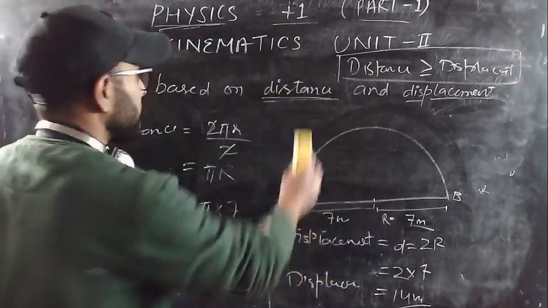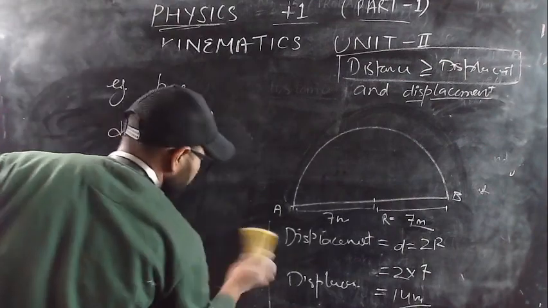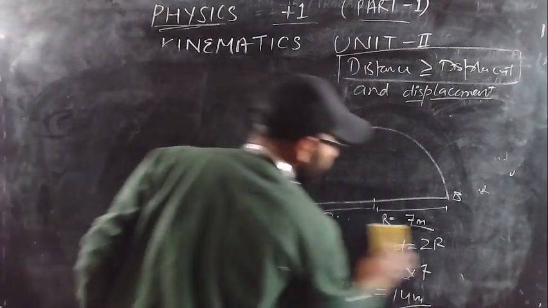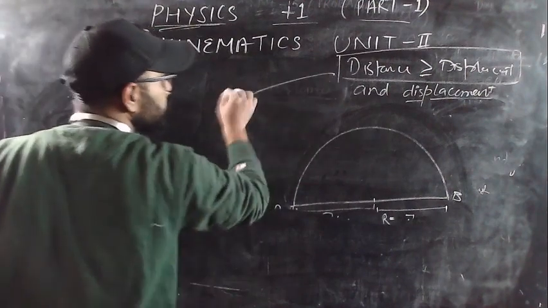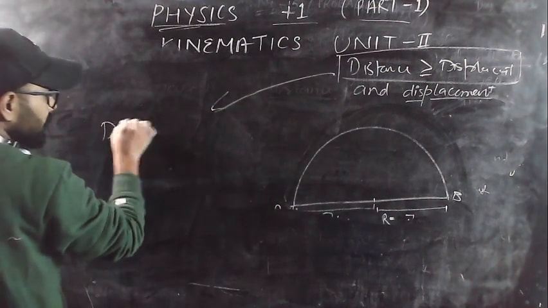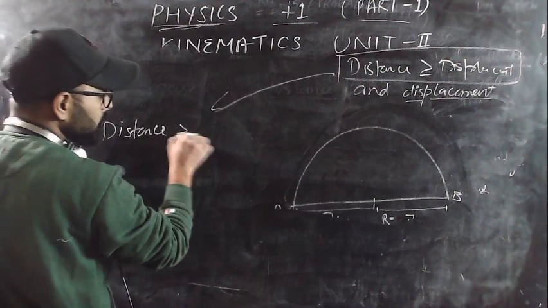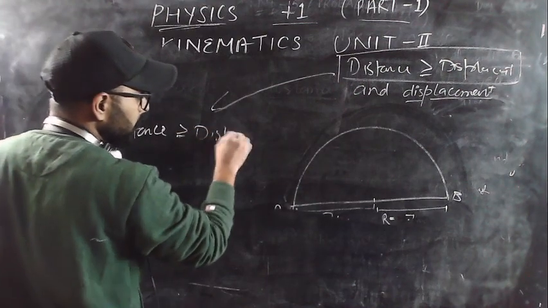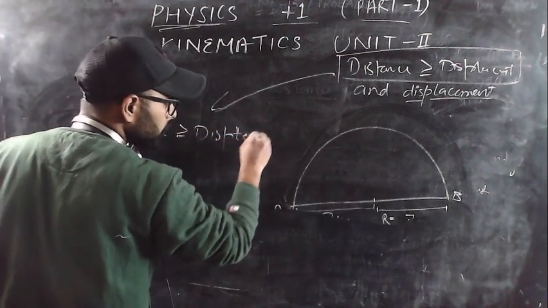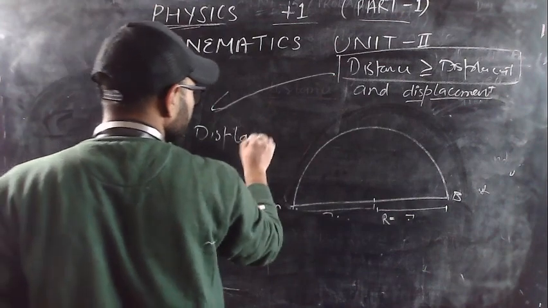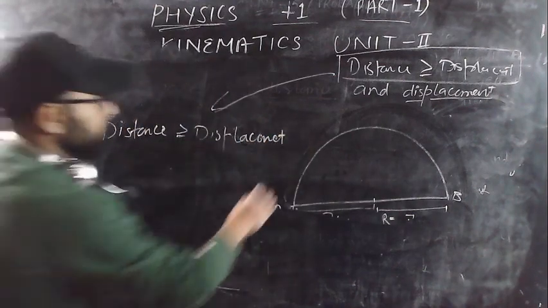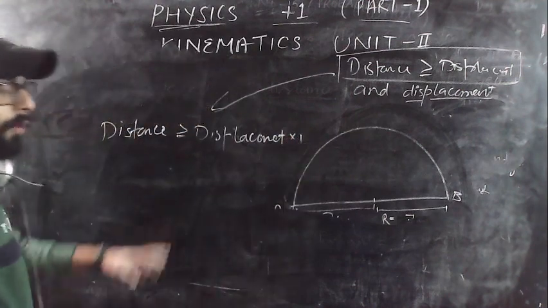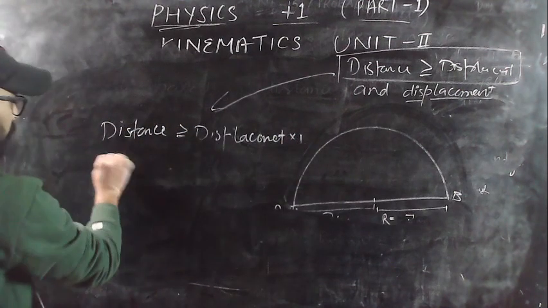There is one more thing we will find from this relation. Distance is greater than or equal to displacement. Multiplying displacement by 1 does not change any value.